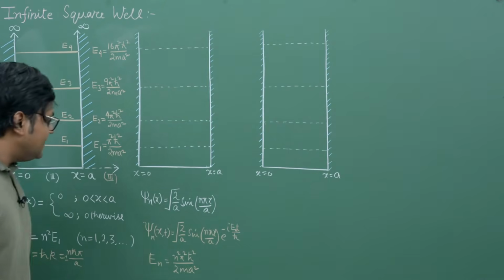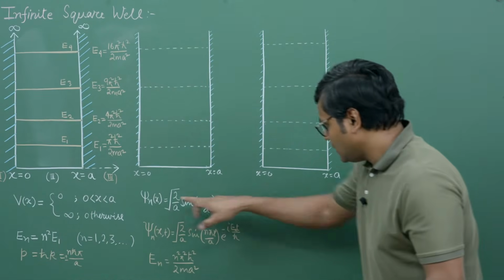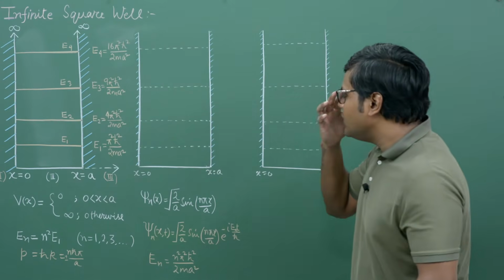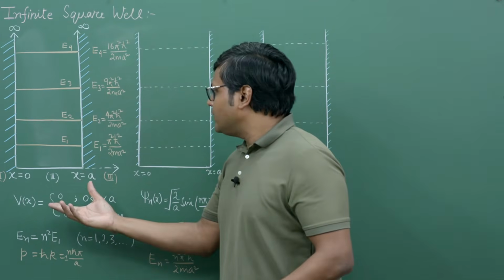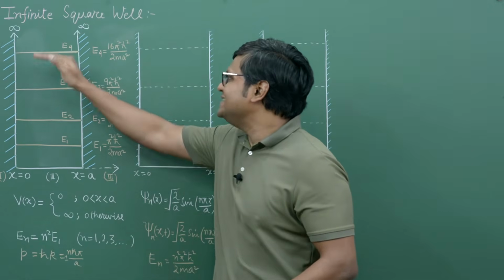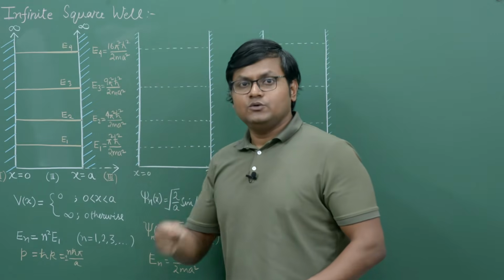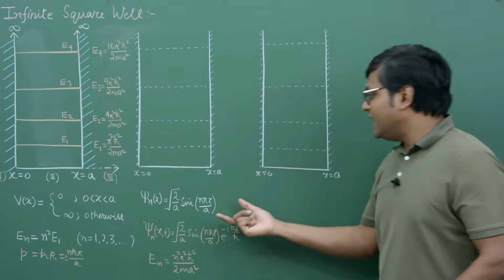So we have obtained the eigenfunction solutions, the wave function solutions, and of course the energy levels for this particular system. So the particle in the infinite square well potential can only exist in these energy levels, and these energy levels are all associated with their respective eigenfunction solutions.